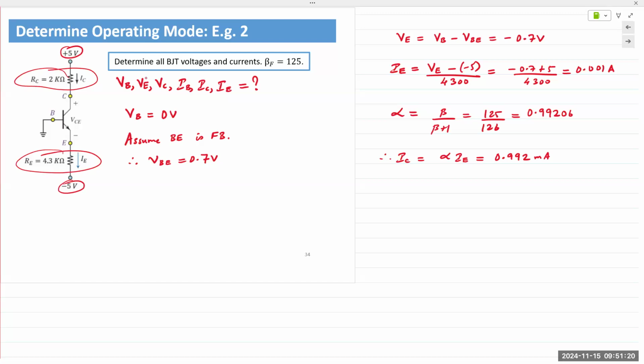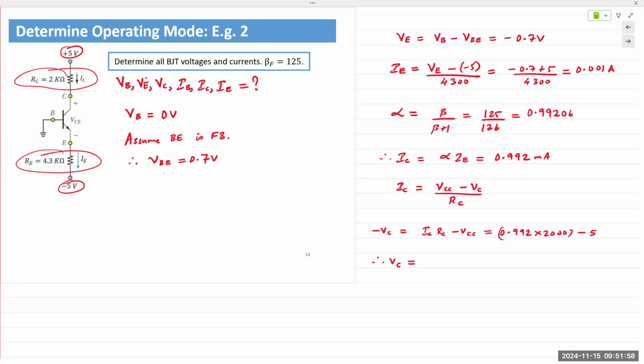And we apply Ohm's law to RC. I can write IC is equal to VCC minus VC over RC. So VC is equal to VCC minus IC times RC, which is 5 minus 0.992 times 2000 over 1000.